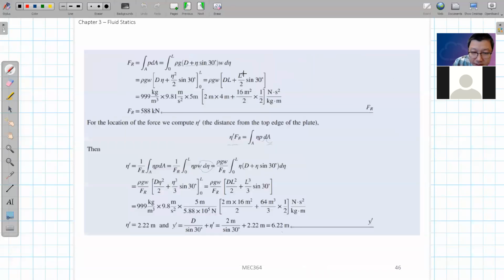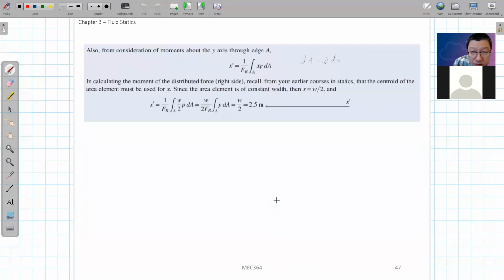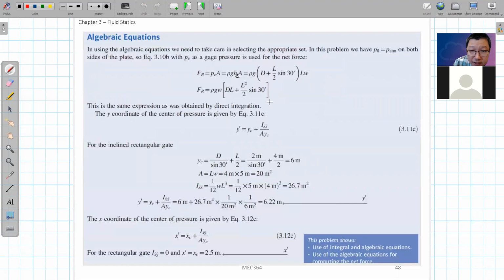And what will YC be? We know that for the flat plate, this centroid will be just in the middle, right? In the center. So from here to here will be L over 2, right? This distance will be L over 2. And so by this way, we know that this hC will be D plus L over 2 times sin 30 degrees.